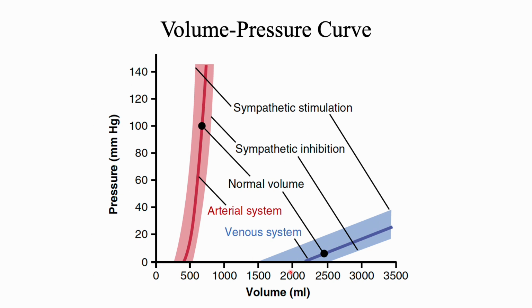Whereas if we increase it by 300 mL, a change in pressure of less than 5 millimeter mercury will happen. So you can see that veins are much more compliant than the arteries. You can change more volume of blood with little change in the pressure.